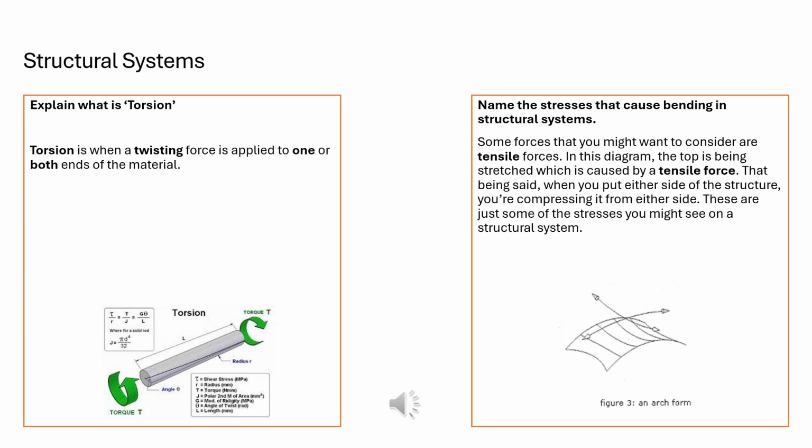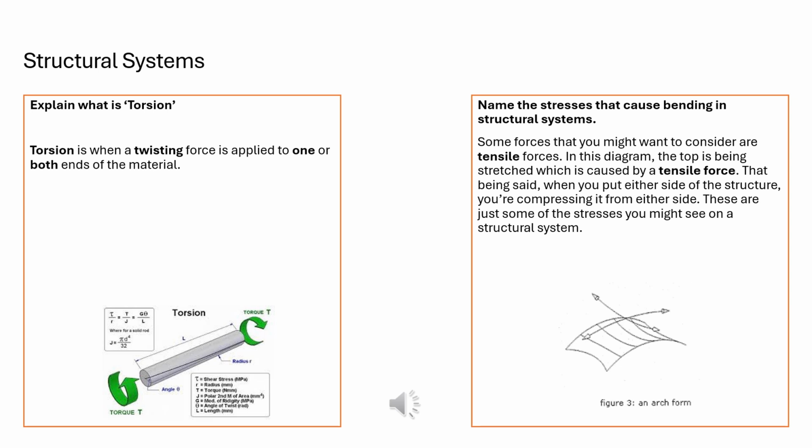Now, when we are bending structural systems, you need to think about where the forces are applied to it. If you had a piece of sheet metal in front of you and you had your hand either side of it and pushed it inwards, that's a compressive force. But depending on which way the material bends, the top of that material or the underneath of it will have the tensile force, and the sides coming together are having a compressive force either side.